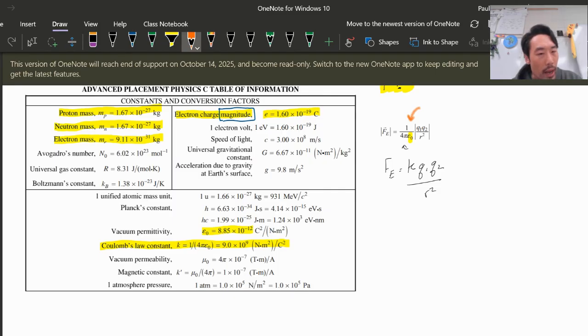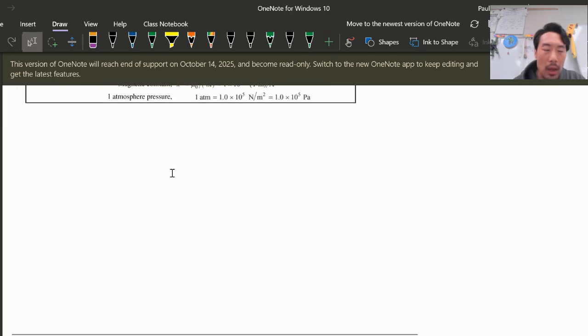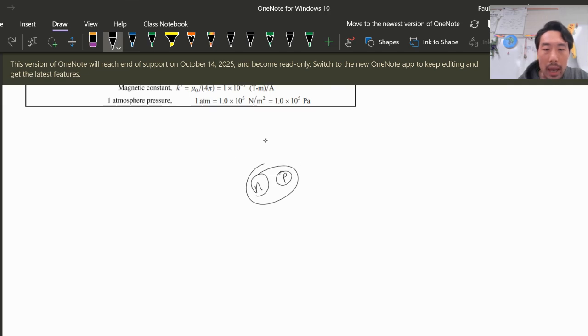All right, so with that out of the way, let's go over the basics of the atomic model. We have an atom, and inside the atom we have what we call neutrons and protons. So let's just draw one N and one P there. And orbiting the atom, we have what we call an electron. This is, of course, not to scale.